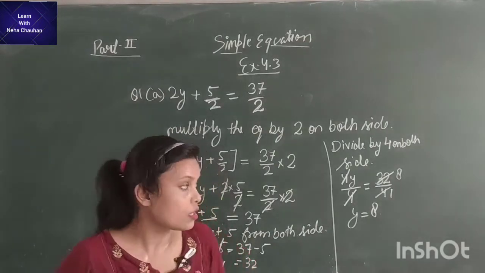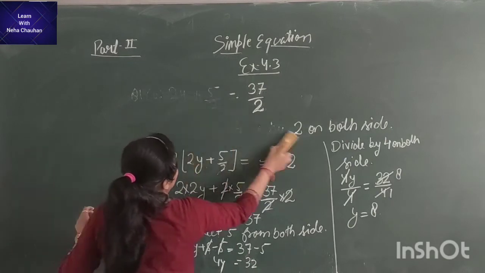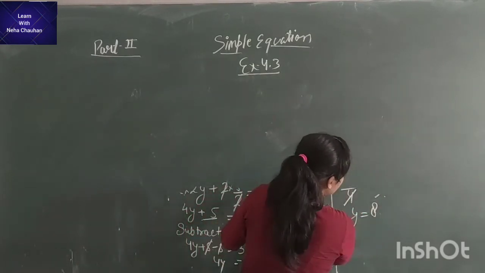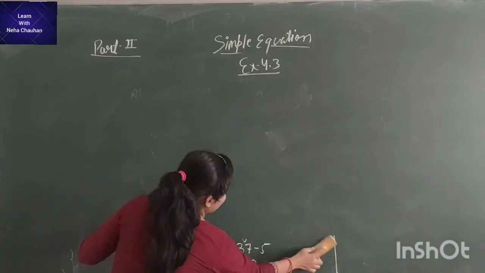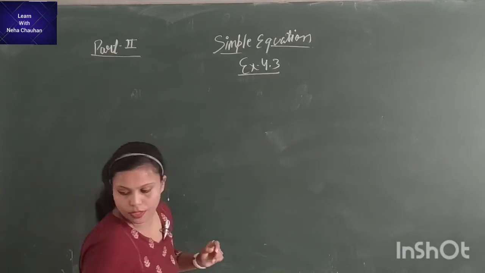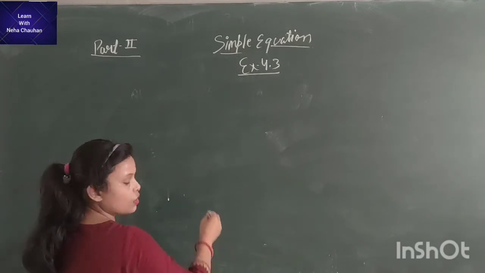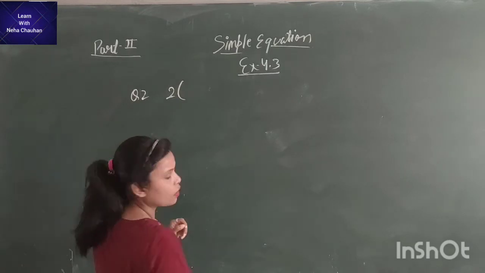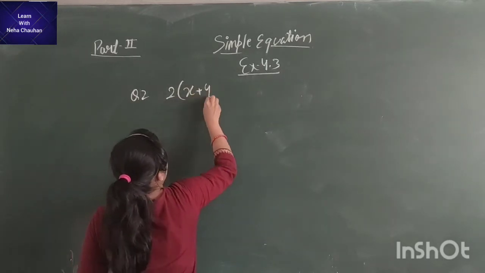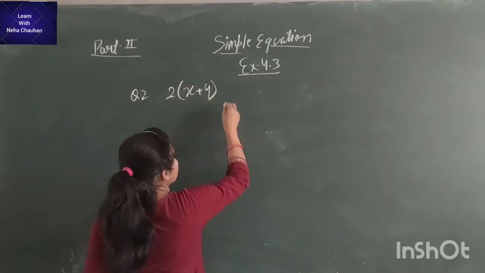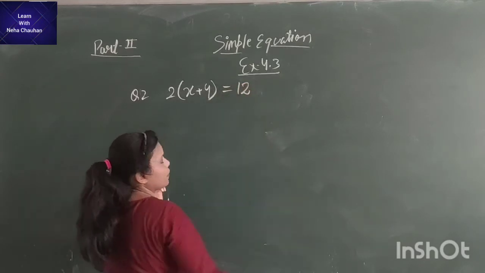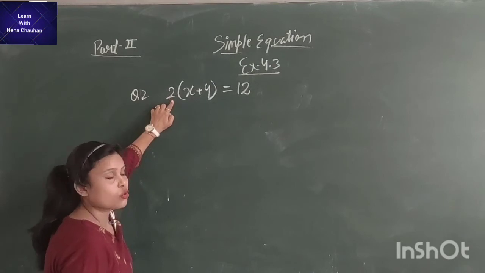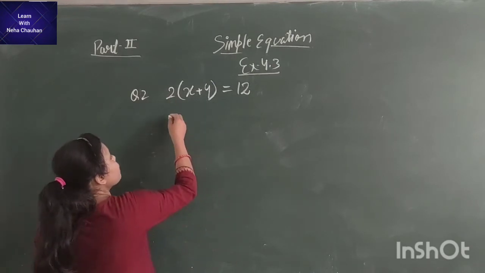Let's do question number 2. In question number 2, the equation given is 2x plus 4 is equal to 12, right? Here 2 is a multiplication. So to eliminate this we will divide.